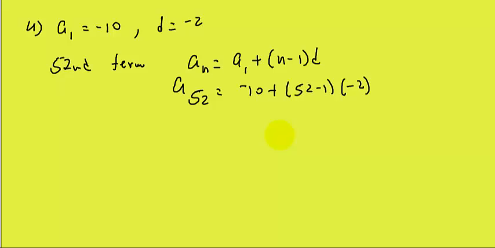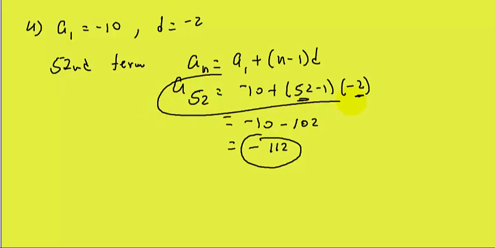When you calculate that, this turns out to be negative 10 plus 51 times negative 2, which is going to give me negative 102. So that's going to give me negative 112. That is my 52nd term, and there's your explicit formula for that.